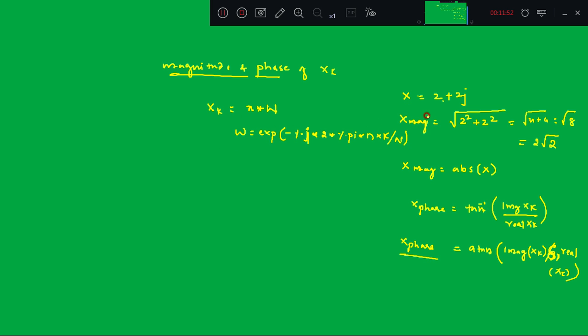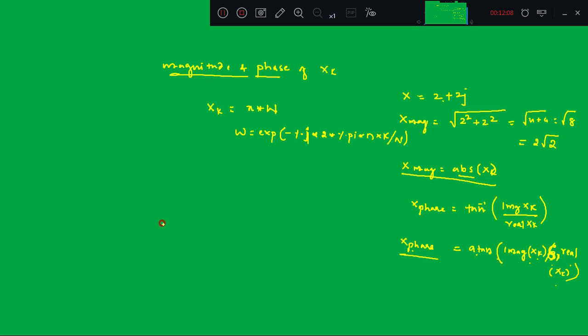Then how to find its magnitude? The magnitude is obtained by considering the absolute value of this xk. Then how to find x phase? By taking tan inverse of imag of xk comma real of xk.